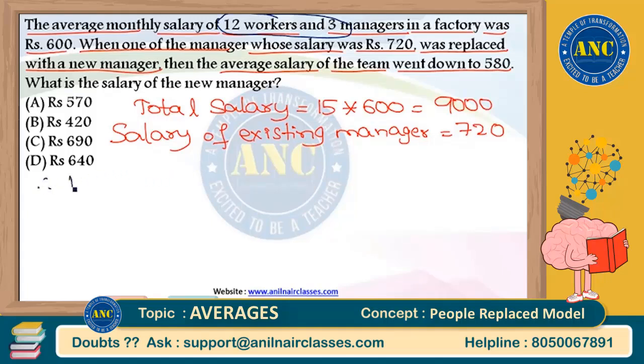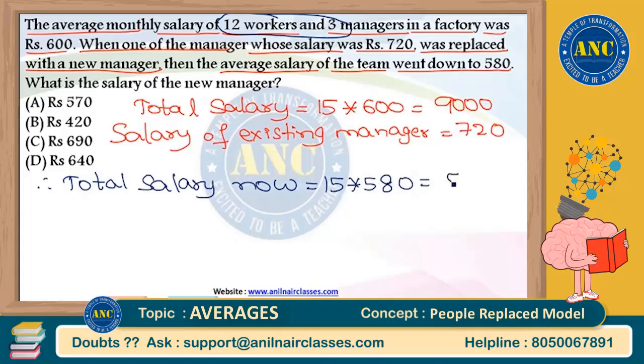Can I say that the total salary right now, after the new manager joined and the old manager left, is still 15 people and 580 rupees average? 15 into 580 is 8,700 rupees, right? Think logically. When the old manager was there, total sum is 9,000.